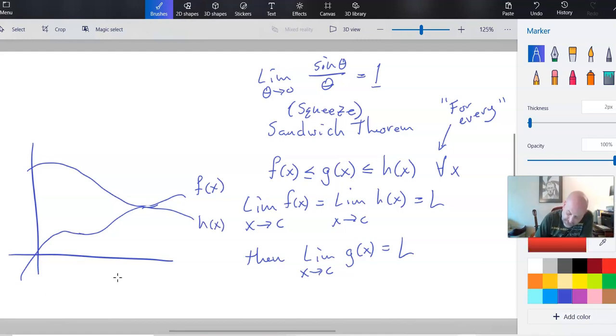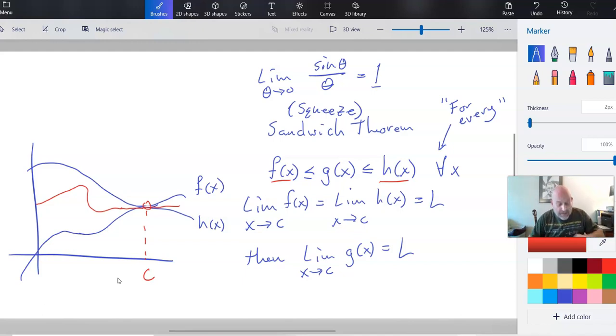And you have some other function g, and this condition guarantees that g is between f and h. That means g can move around, but when it gets to this point C where you're taking the limit, it's going to have the same limit, because it's squeezed together there. If the two functions converge at point C, then the one between them also has to converge to the same limit. That's the idea of the squeeze theorem.